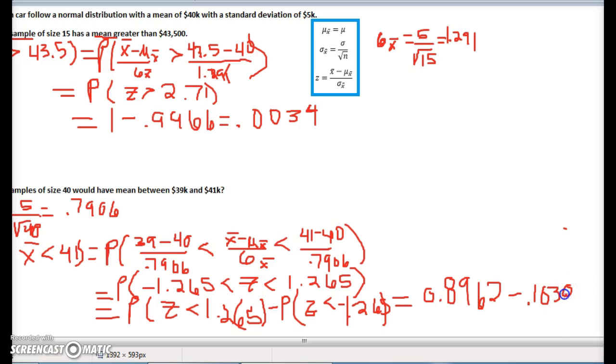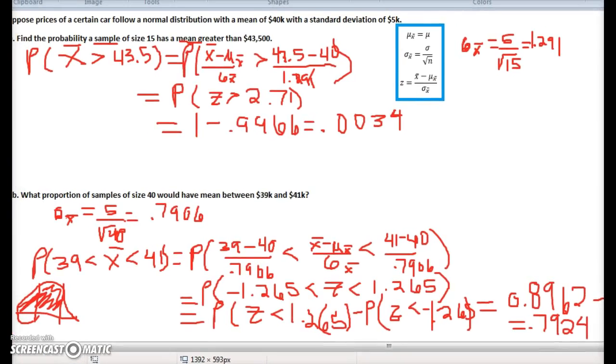So that gives us a probability of 0.7924. So that's our answer. And those are our two central limit theorem problems.